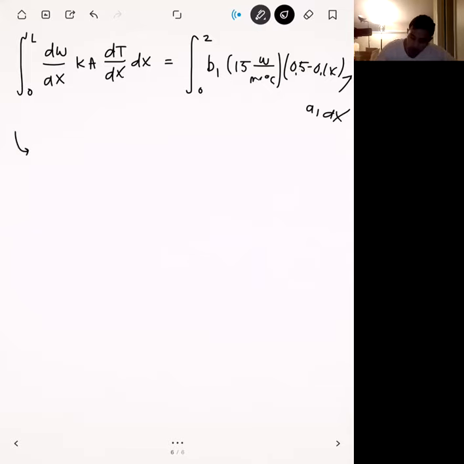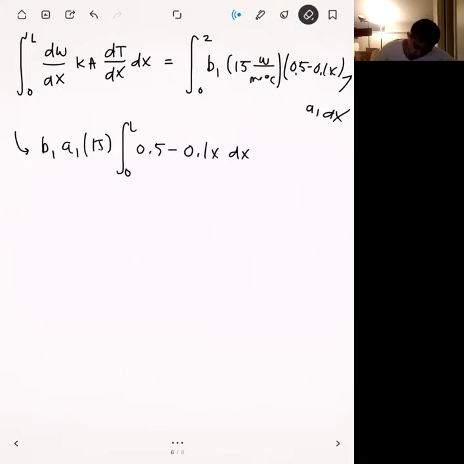I'm going to pull out all of the constants. So we have a constant of b1, a constant of a1 times 15, and the integral from 0 to L of 0.5 minus 0.1x dx. Now we can integrate this.